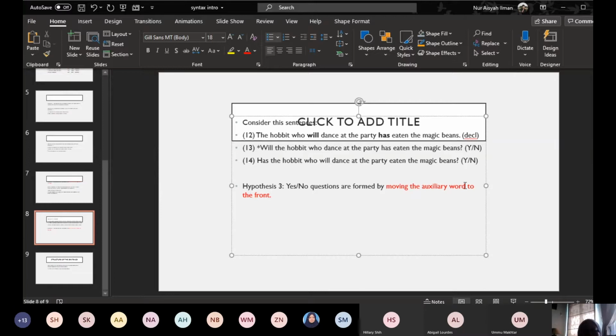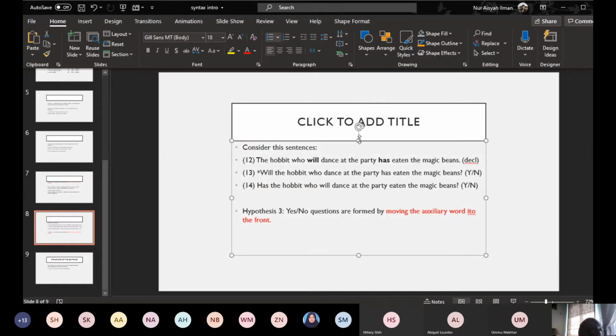So by moving the auxiliary word in, if you look at the sentence, this sentence is a bit complex. You know why? Because there is a relative clause. It is a relative clause sentence, usually with the word who.